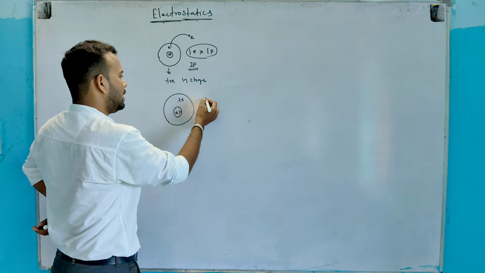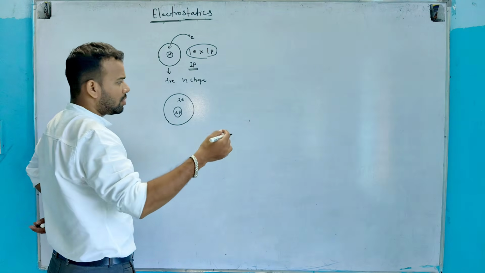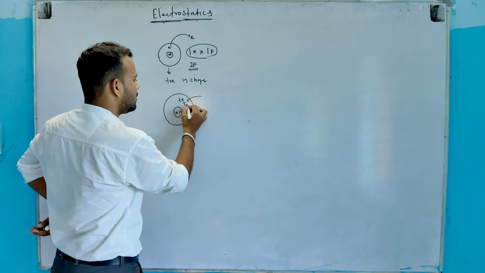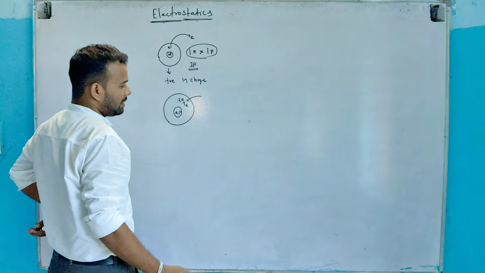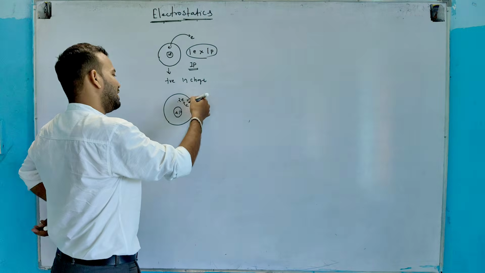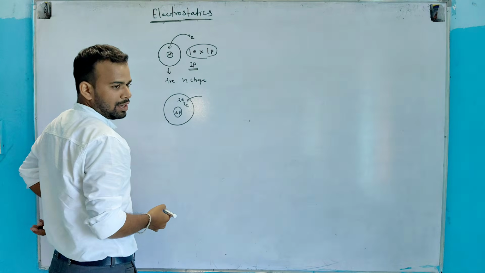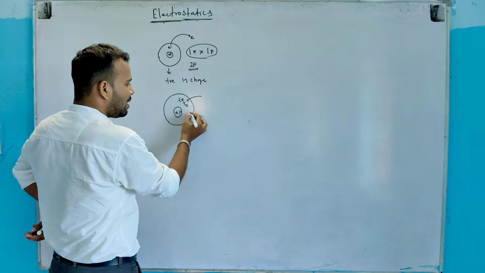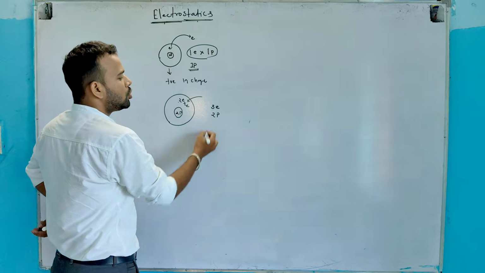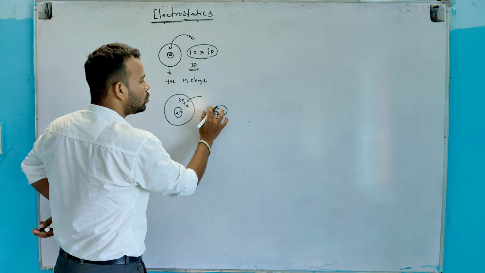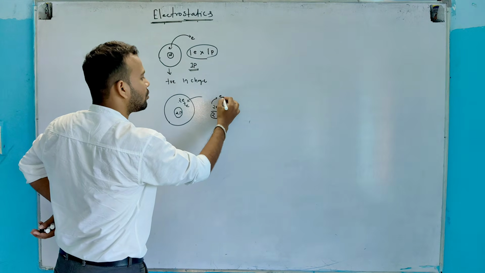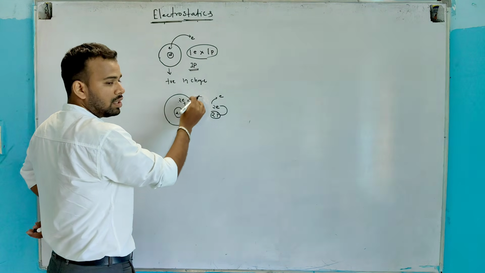It is very difficult to add 1 electron inside an atom. It is not easy to make an electron enter the atom. Just suppose, now this atom contains 3 electrons and it has 2 protons. 2 protons can cancel the effect of 2 electrons, and now 1 electron extra remains.